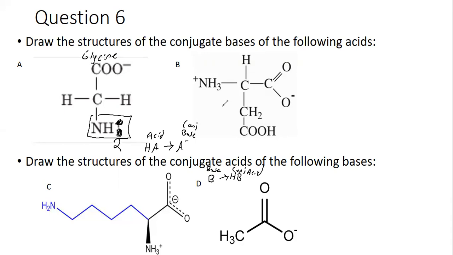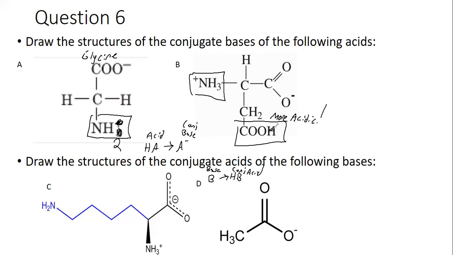For B, this is also an amino acid. This is aspartic acid. You have two choices. You have NH3 or COOH. Carboxylic acids, COOH, are much more acidic than amines. Very, very acidic, these groups.